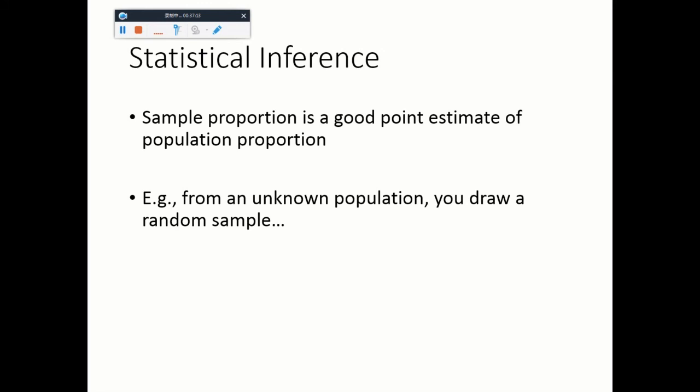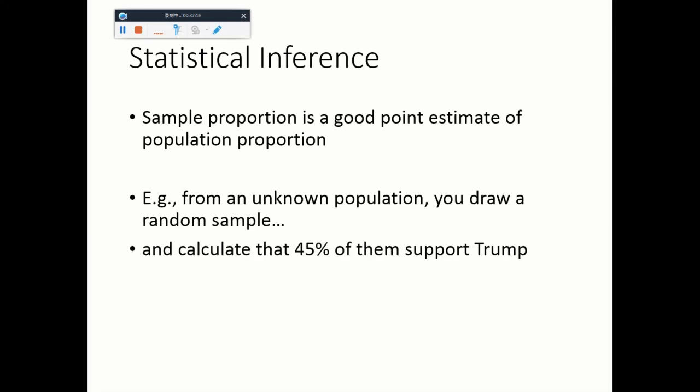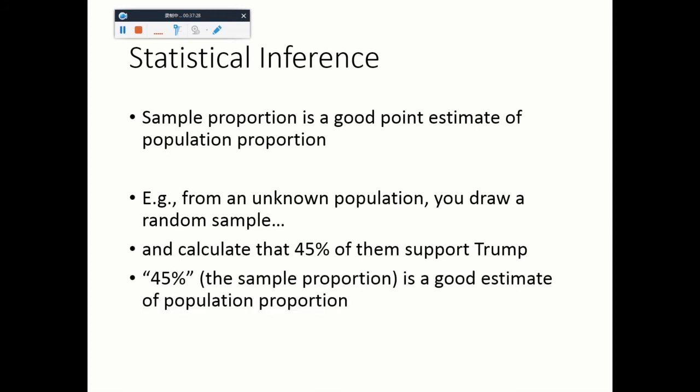If from an unknown population you draw a random sample and it turns out that Trump has about 45% support in the sample, then this 45%, the sample proportion, is also shown by professional statisticians to be a reliable, unbiased, or good estimate of the population proportion.